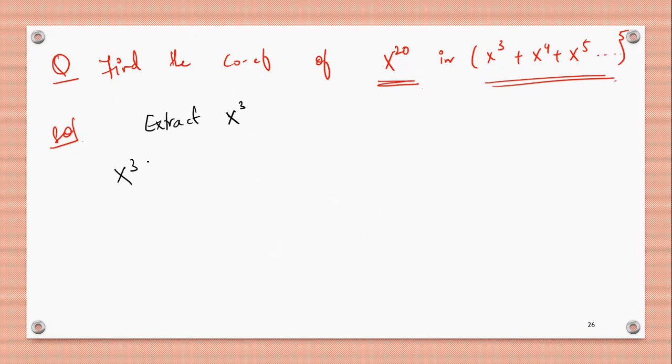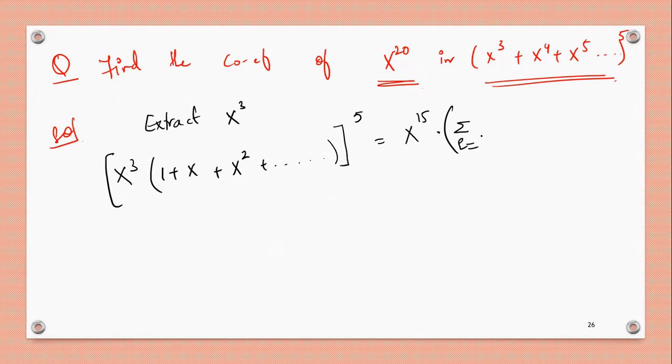So let's write it x cube into 1 plus x square plus and so on up to infinity, whole power 5. Now x cube power 5 will be x power 15 into 1 plus x square, which is written as sigma r is equal to 0 to infinity x power r, whole power 5.